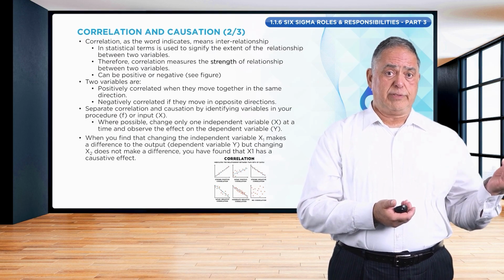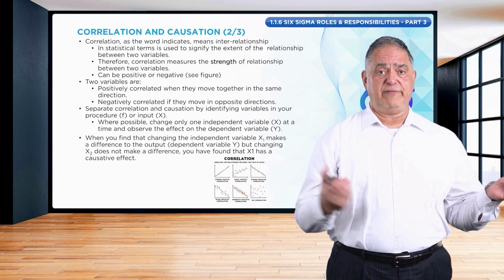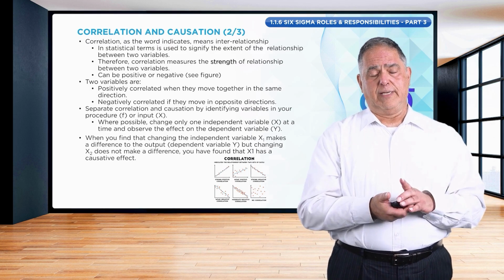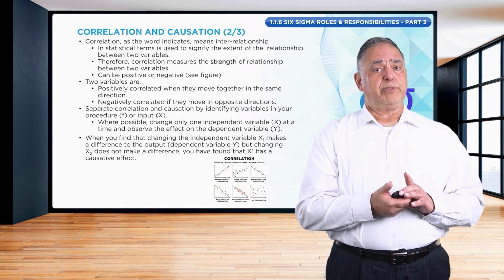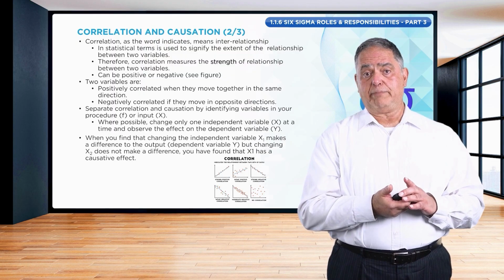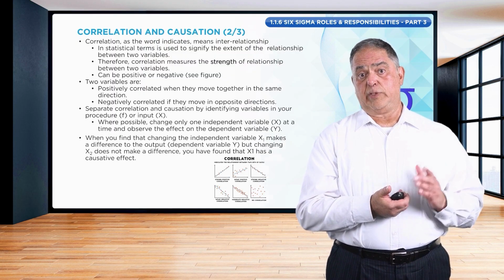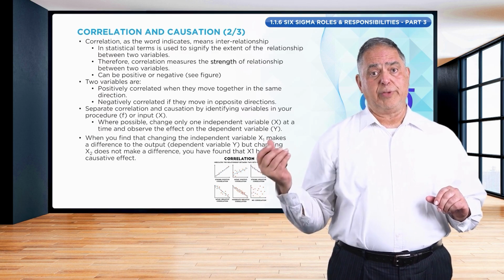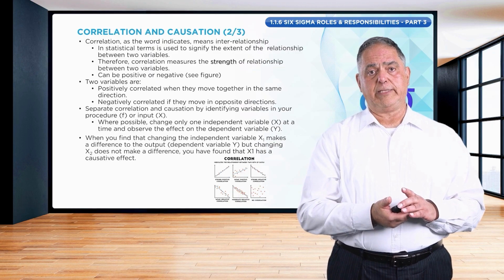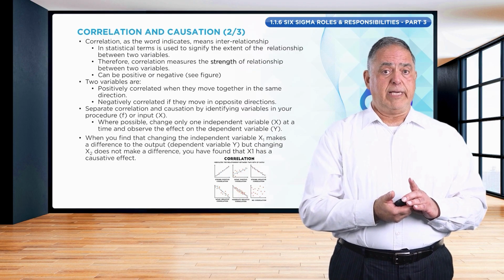An input that has a significant effect on the output. I mentioned earlier about inputs indicated as uppercase X's, which are critical process inputs, and also critical process outputs indicated by uppercase Y's.